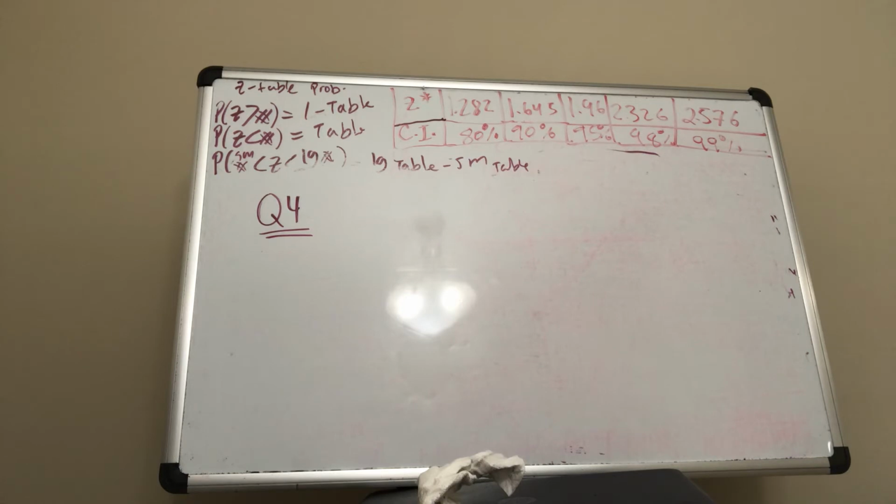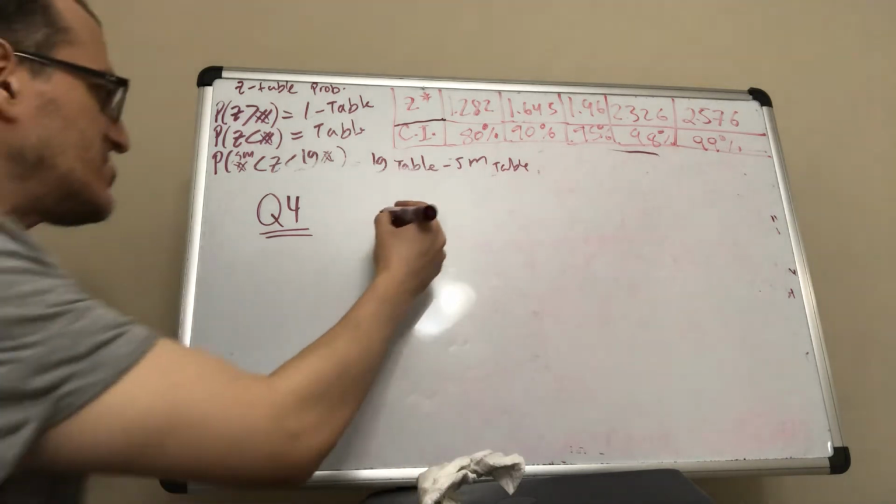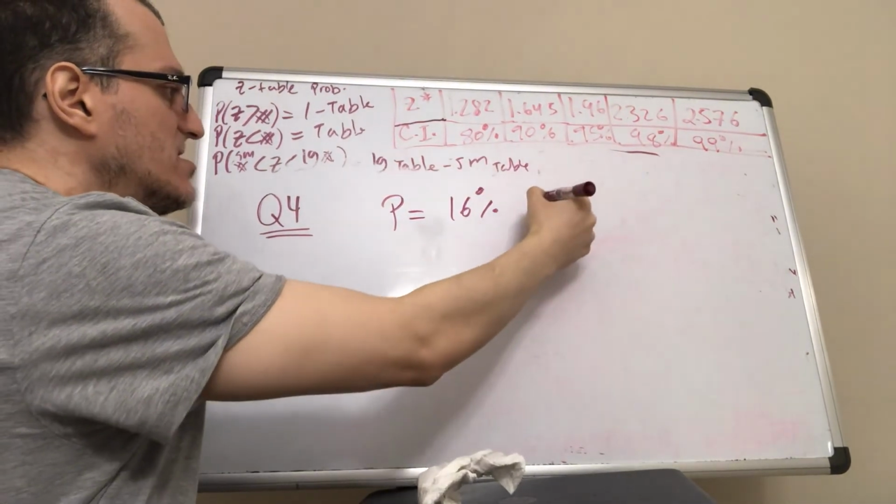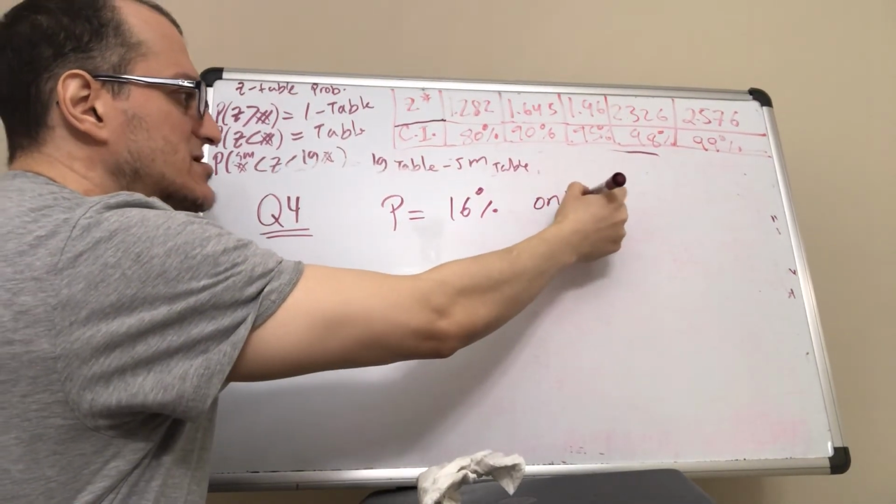These days, it probably comes as no surprise that 16% of Canadian adults no longer watch any conventional TV, and they only do it online. So we have a percentage, 16%, of people who watch stuff online.